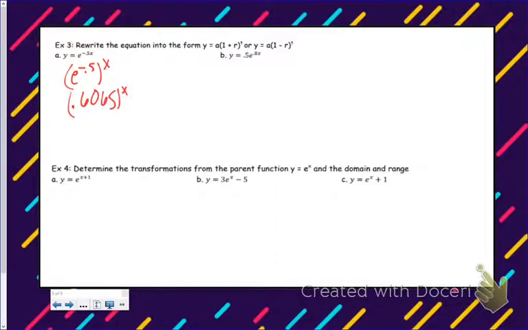So then again, I would rewrite that, since this is decay, into 1 minus 0.3935 to the x, which makes it easy to see our percent change. And our percent change, this would be a 39.35% decay. Again, we know it's going to be decay because we have a negative exponent.